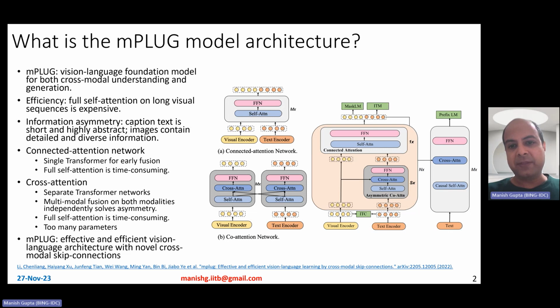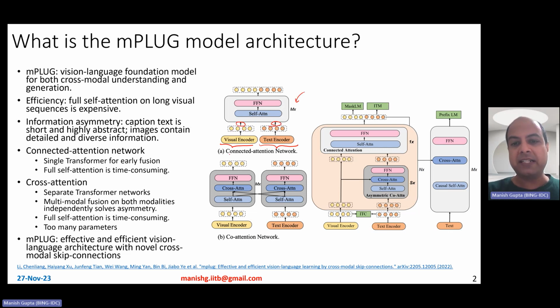Typically for vision language learning or multimodal learning, for tasks such as visual question answering, people would take the image part, pass it through a visual encoder, take the text part, pass it through the text encoder, and then do an early fusion. Then they do multiple layers of transformer on top of that.